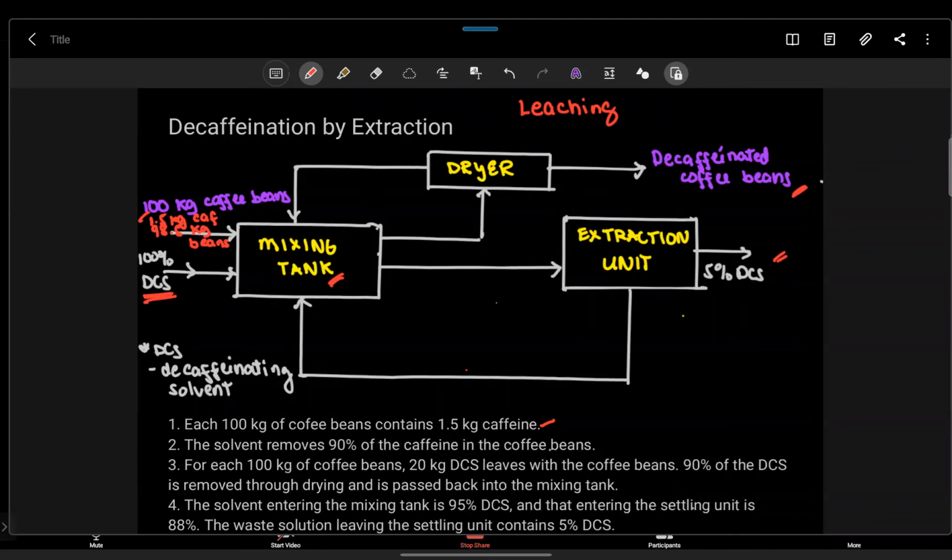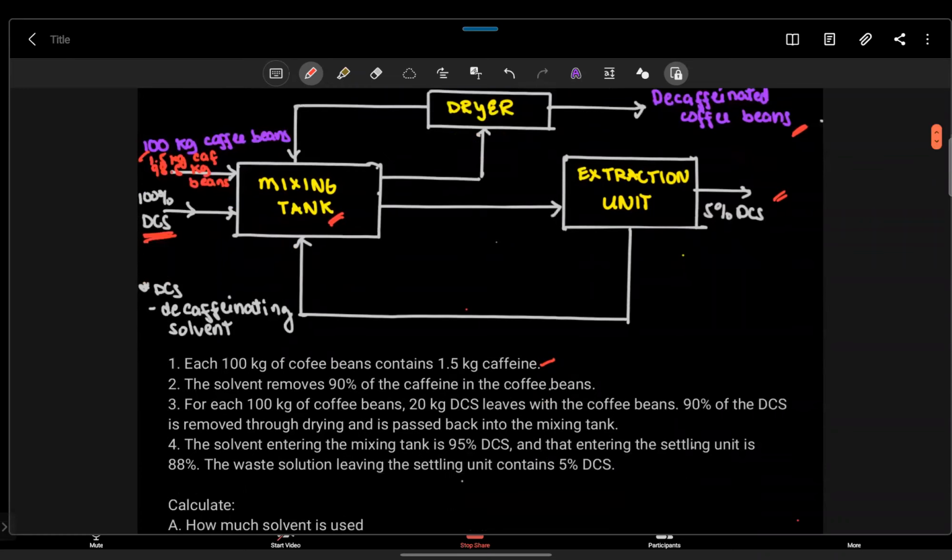Okay. Next is number 2, the solvent removes 90% of the caffeine in the coffee beans. Okay? Yung solvent daw na DCS, it has the ability to remove 90% of the caffeine in the coffee beans.